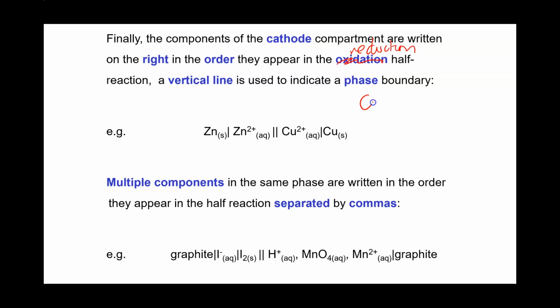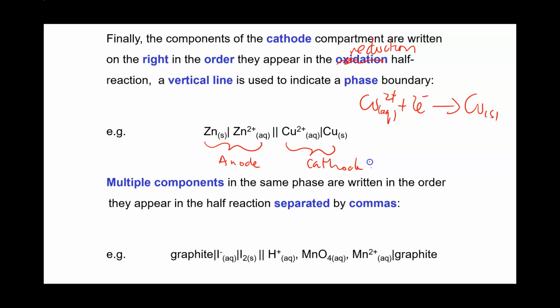So what's my reduction half reaction? Copper 2+ plus 2 electrons gives copper solid. And again, every time there's a change in phase or state, I put a single vertical line. So there's my anode, and there's my cathode.